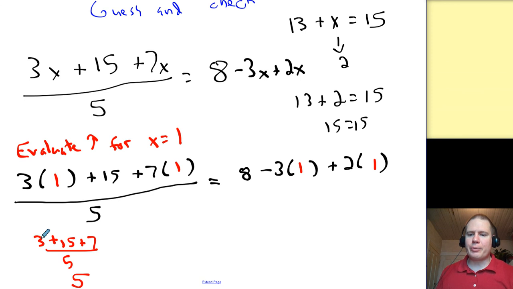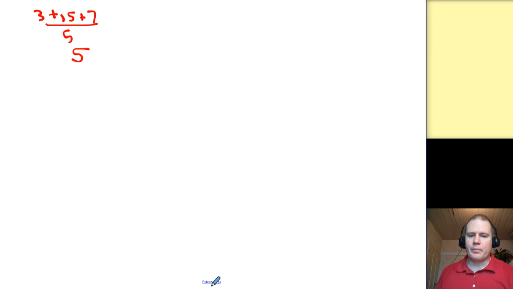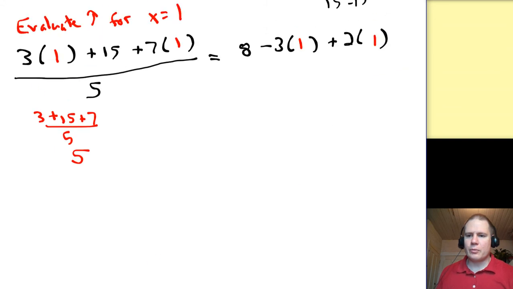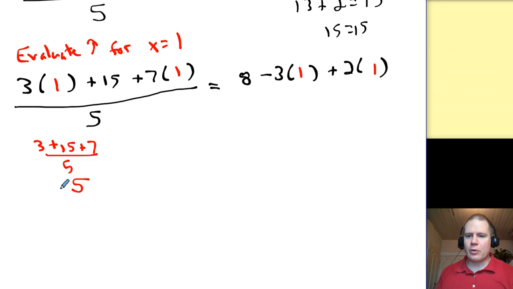I'm adding 3 plus 7 not because those were my x terms, but because that's a pair that adds up nicely to 10. It's easier to do 10 plus 15 to get 25 than to say 18 plus 7 is 25. So if I show my work a little bit better, 10 plus 15 is 25. 25 over 5 is 5.